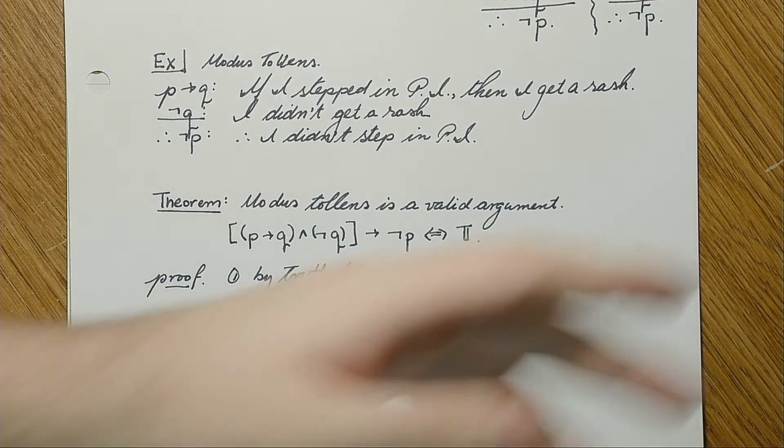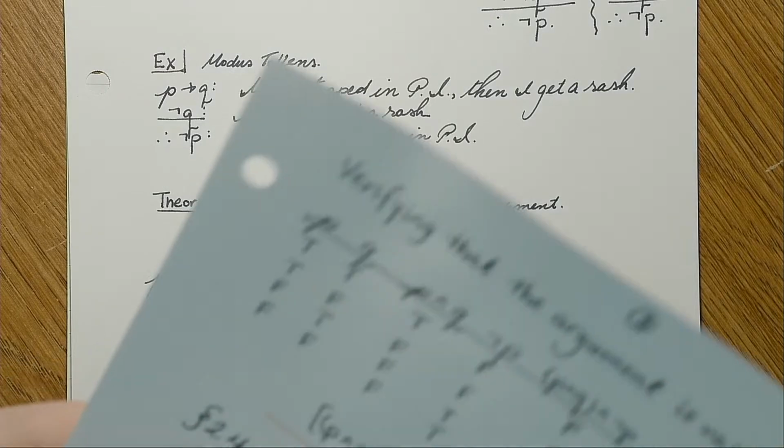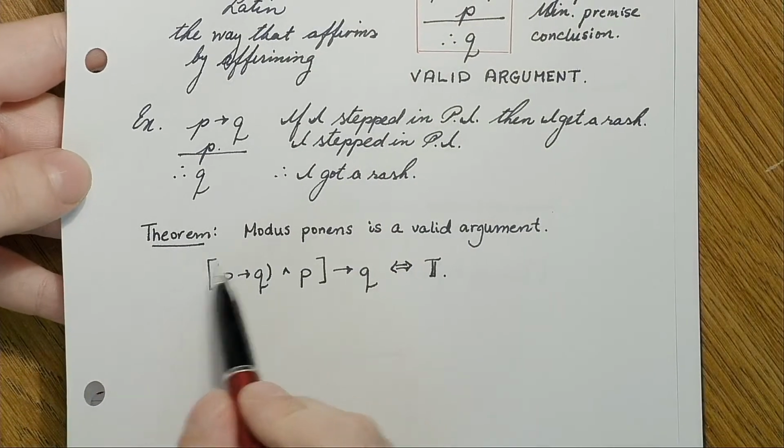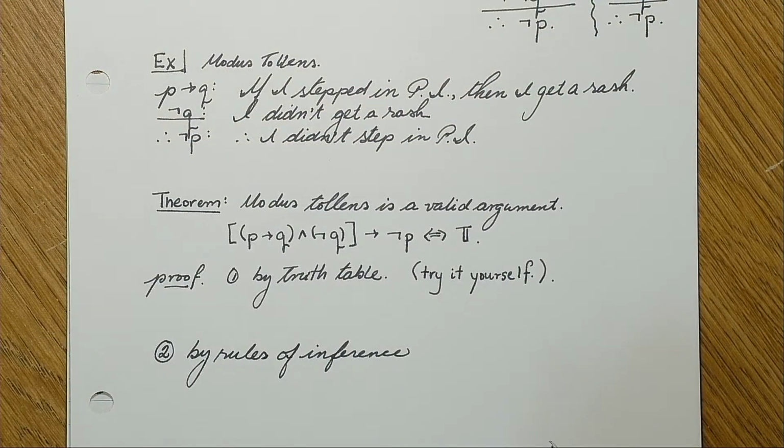We had shown that modus ponens was a valid argument. Same thing with modus tollens, and we can do this by rules of inference.